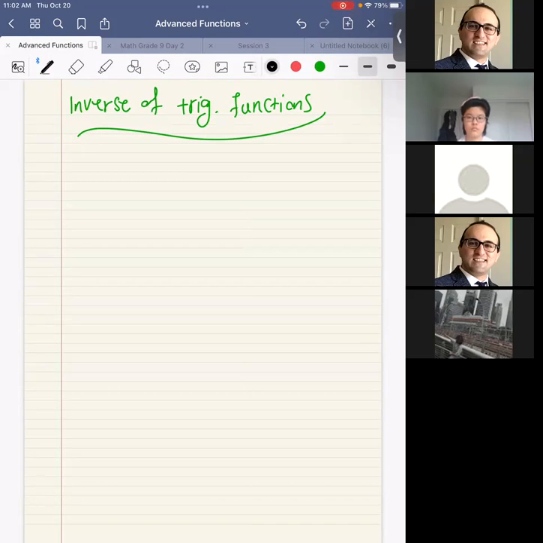So f of x is equal to sine x, and I restrict the domain to be x between minus pi half and pi half.